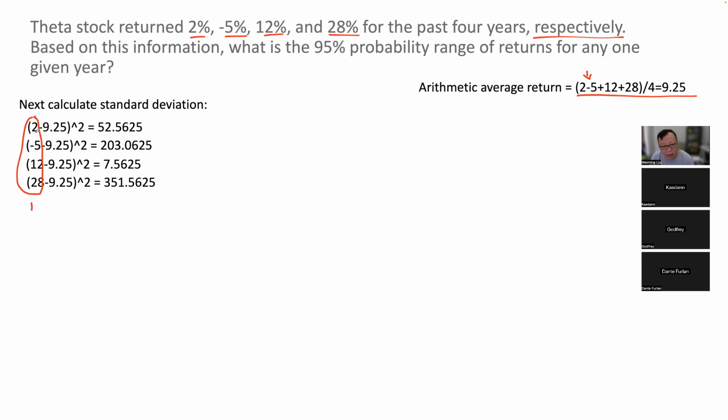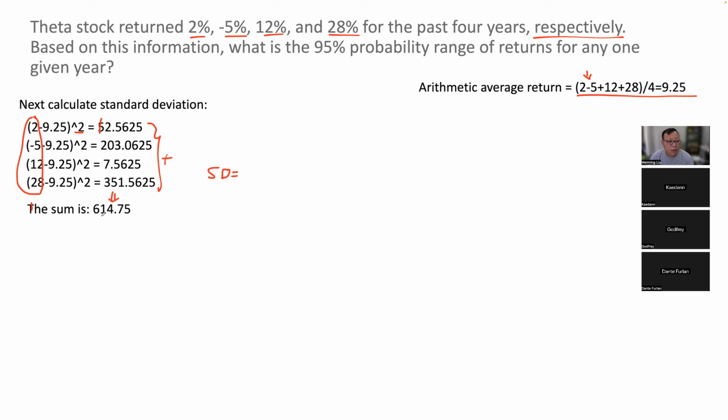I'm taking this out of each of the actual returns, and then I square it. So I figured out this squared difference. And now I'm going to sum them up. When I add up all this, I get this number, because I need this number to calculate my standard deviation.